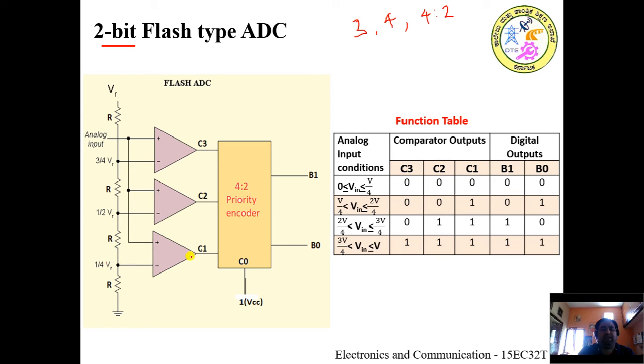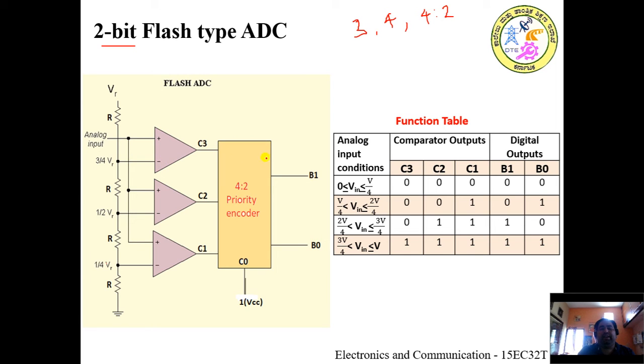For the first comparator, VR by 4 is the reference voltage, which is fed as an inverting input. For the second comparator, VR by 2 or 2VR by 4 is the reference voltage, and for comparator 3, 3VR by 4 serves as the reference voltage, and it is provided as an inverting input to comparator 3.